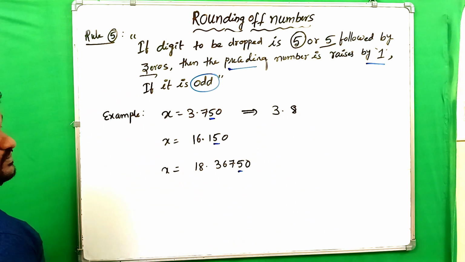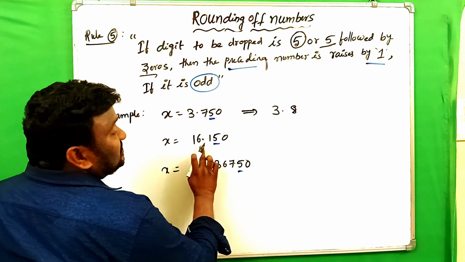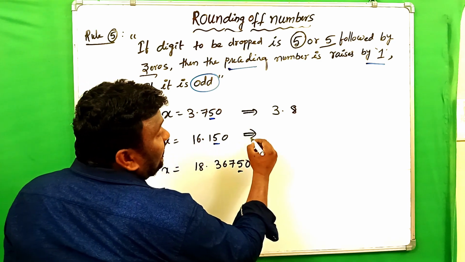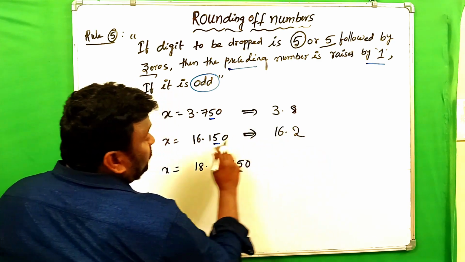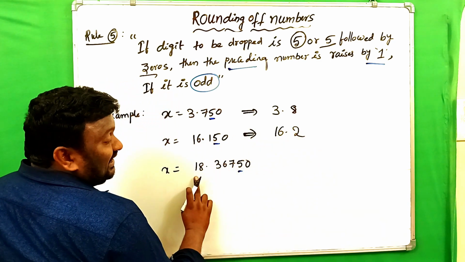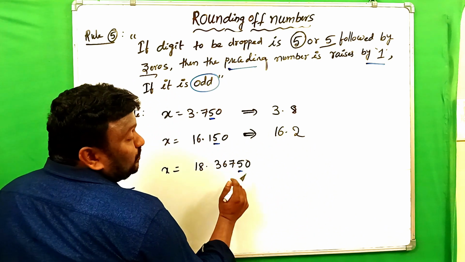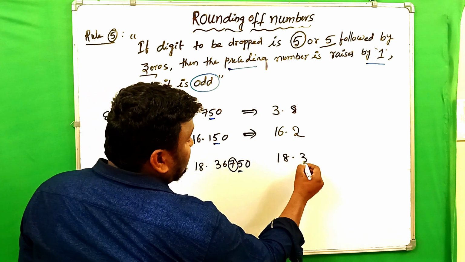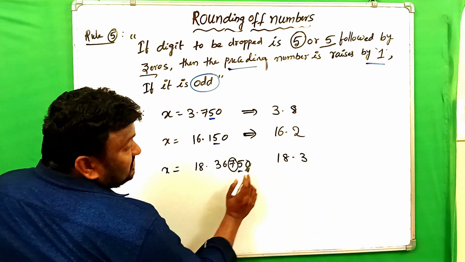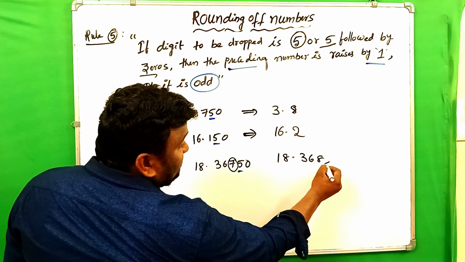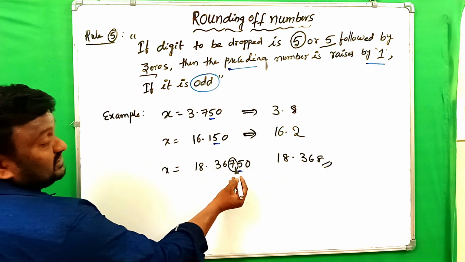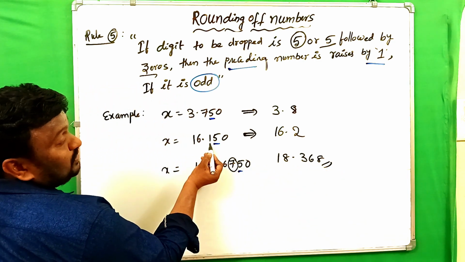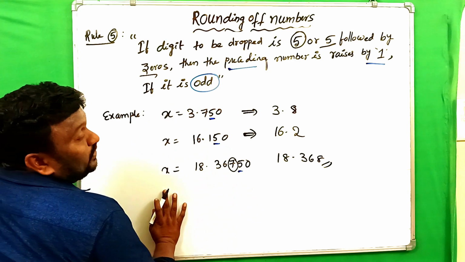Similarly, 16.150, what can you write here? 16.2, 1 plus 1. And 18.36750, and now it is again 7. Then what do we write here? 18.368, because the preceding number is raised by 1. Here it is 7 plus 1.